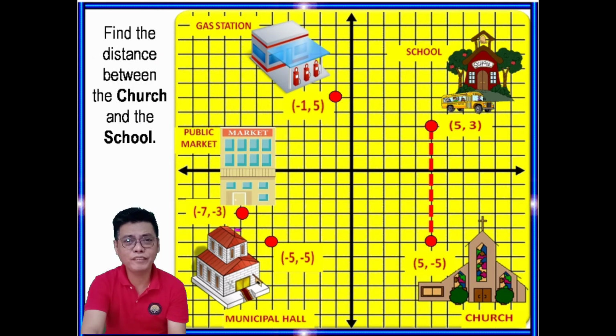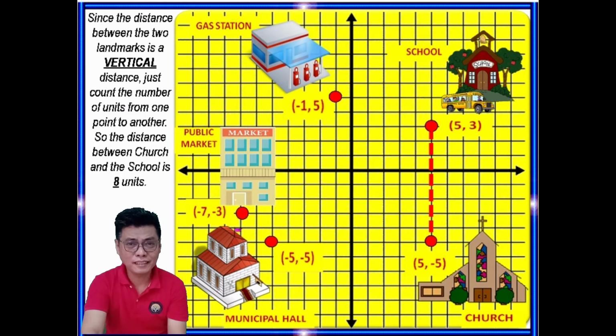In the first activity, you are asked to find the distance between the church and the school. Since the distance between the two landmarks is a vertical distance, just count the number of units from one point to another. And so the distance between the two landmarks is 8 units. That's correct.